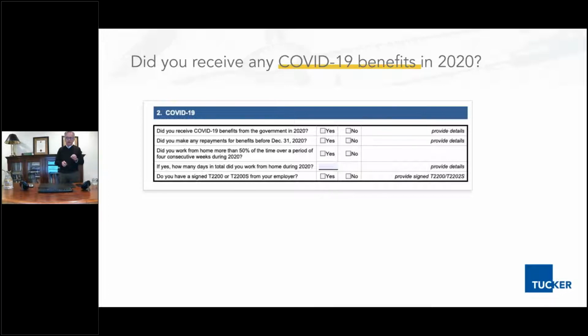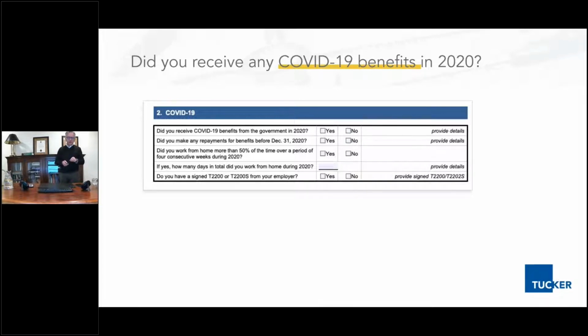If you've got that, please indicate that you have received it. Indicate also if you repaid some of it, and then also the number of weeks that you worked at home. If you did work at home and it's more than 50% of the time, then over a period of 4 weeks during 2020, then please let us know about that, and in particular a day count.